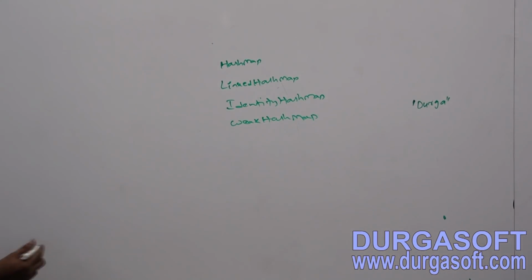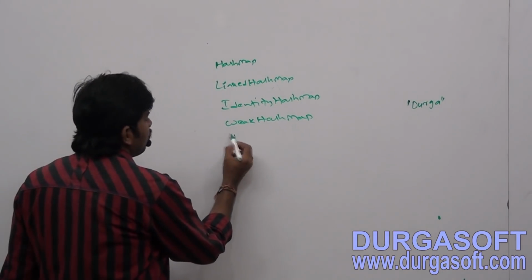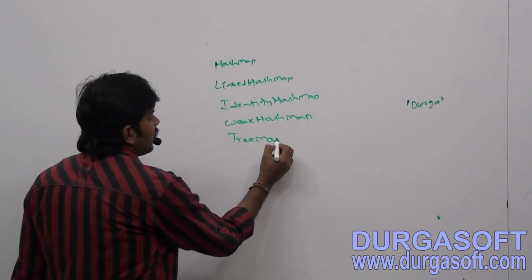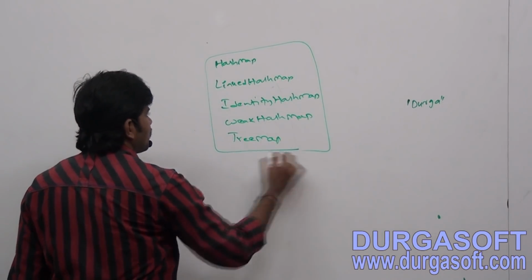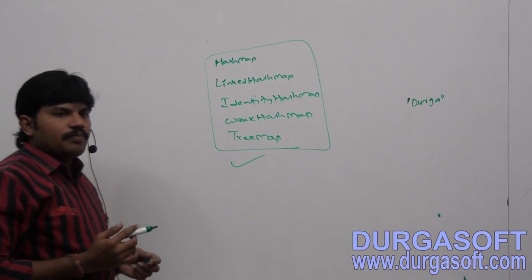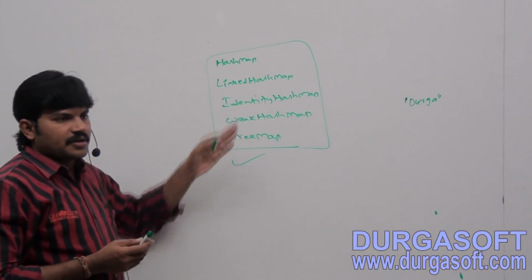After completing WeakHashMap, we also covered SortedMap, and the implementation class is what? TreeMap. All these classes we discussed with examples. Now I hope no further explanation is required.